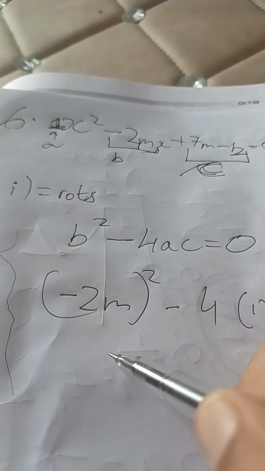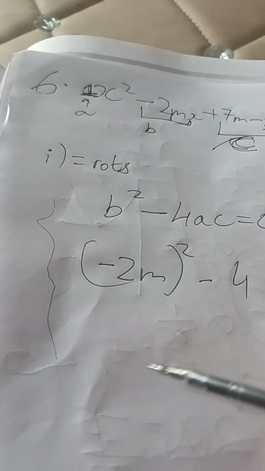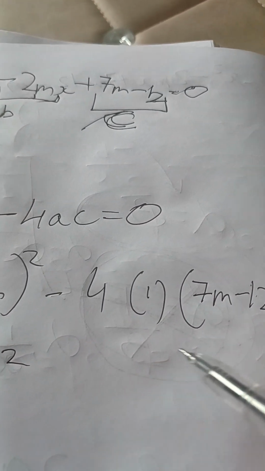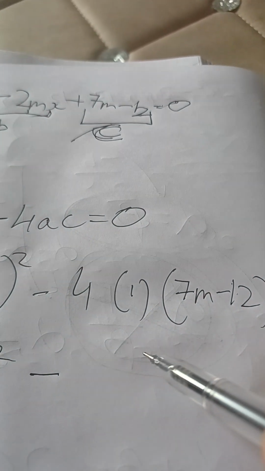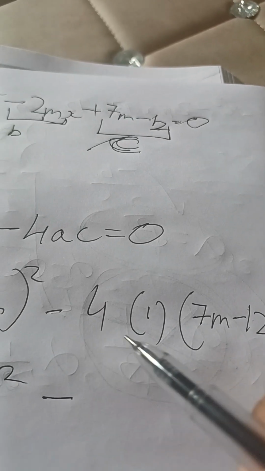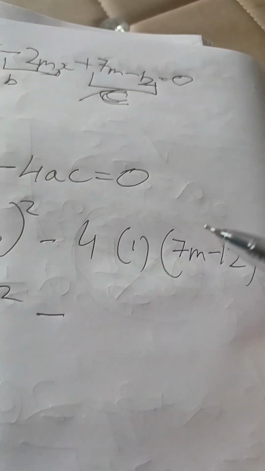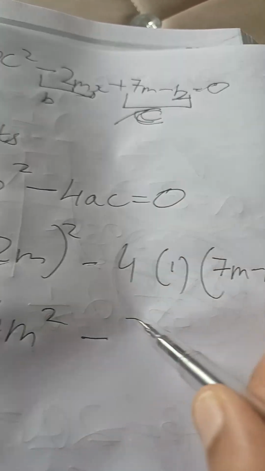So wait, do we just get another quadratic equation? Oh no. 4m square minus 4 sevens, like if 2 sevens are 14, then 4 sevens are 28. It's like 28m.